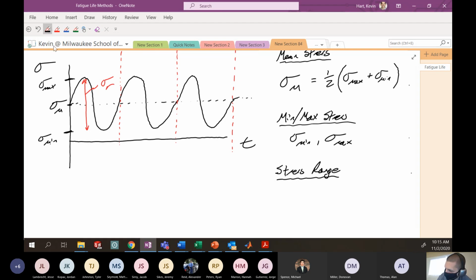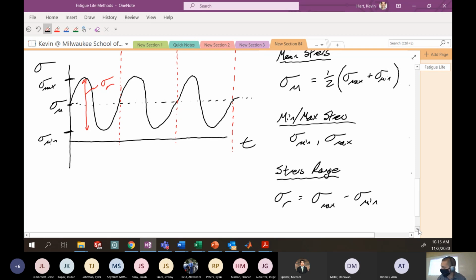We typically call this sigma R. This is not used all that often, but in some cases it is useful to give you an indication of how severe the changes of stress are that you might experience in your piece. So if your stress range is a significant portion of the yield stress, that's probably a big problem. So here we have the max minus the min, just the difference in the two.